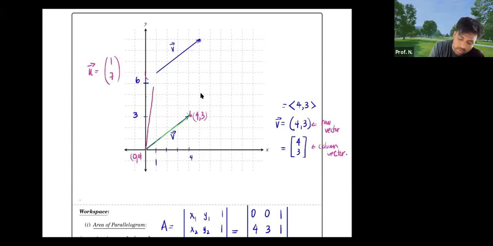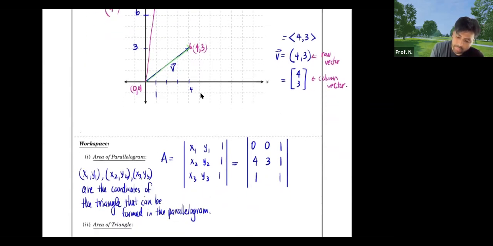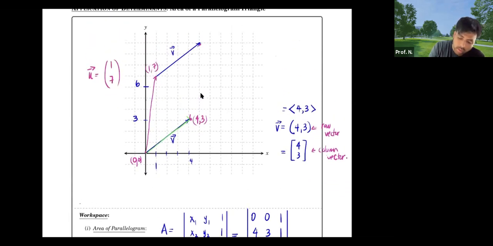Okay, so I'm going to write it like this. All right, so this is 7. This is 1, 7. And this here would also be the vector here. So this is U.